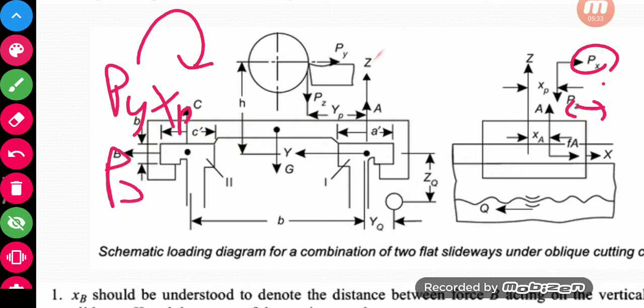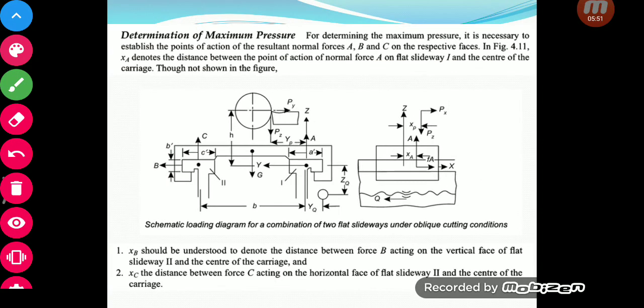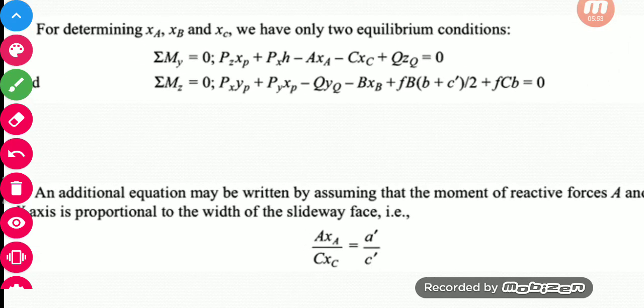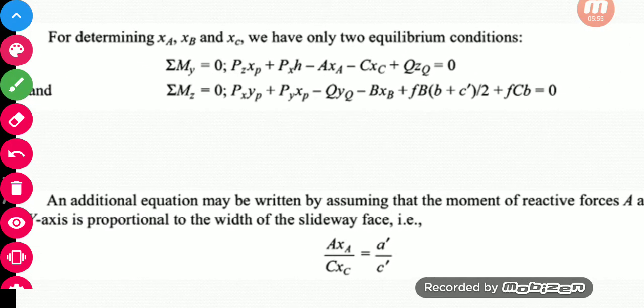So we would write here px times the distance that is there about the x-axis. And we can see that that distance is given right here, the distance yp.